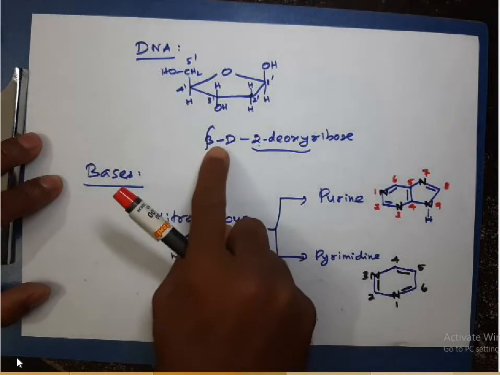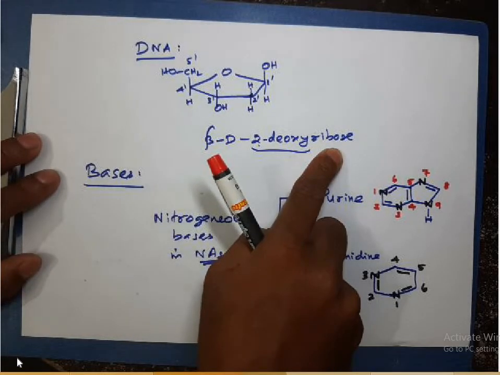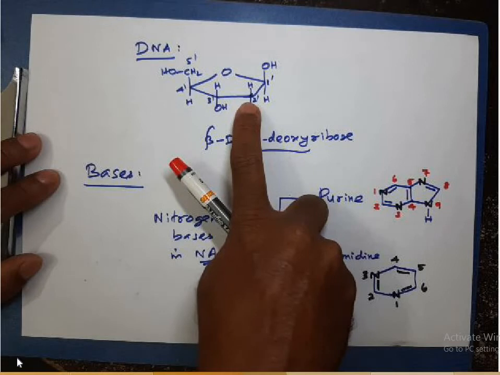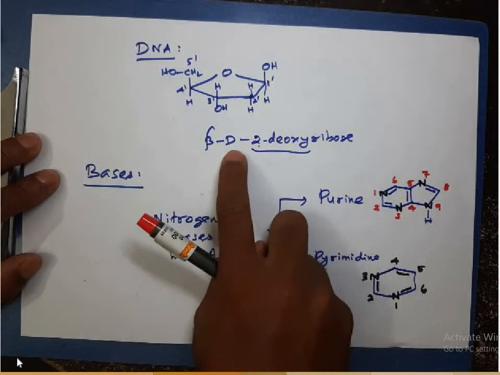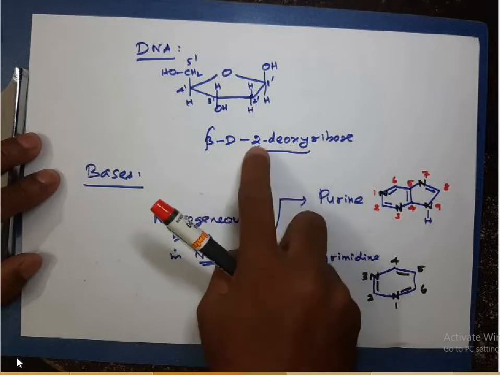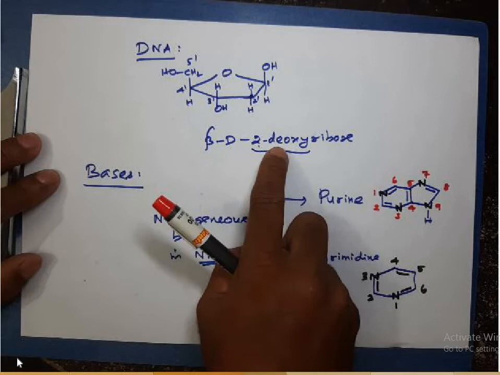This is also beta D ribose only. But what is the difference? From the second carbon we have removed one oxygen. Therefore it is called beta D 2-deoxy. 2-deoxy means oxygen is removed in the second carbon.